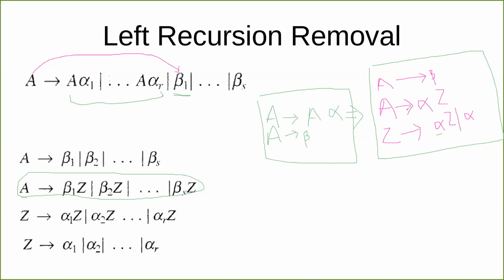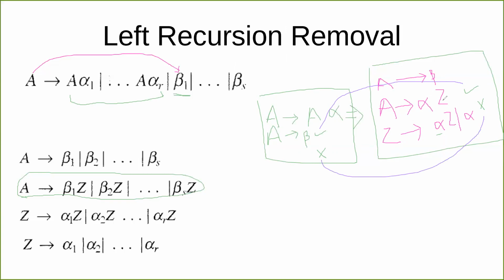And now, why are these two equivalent? Whatever we could produce from this grammar, the same could be produced by this grammar, and what we could not produce by this grammar, we could not produce here as well.